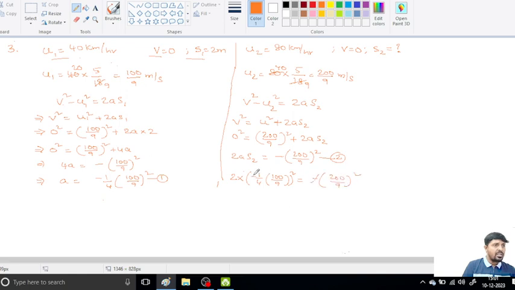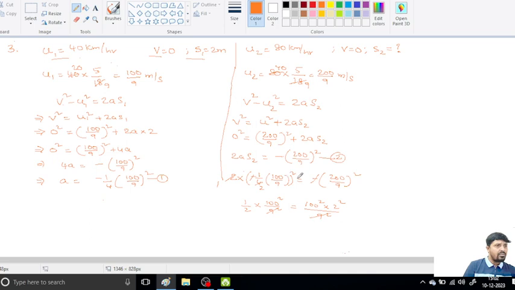Minus minus will be cancelled on both sides, and this is 2 times. So this is 1 by 2 times 100 square by 9 square equals 200, which can be written as 100 times 2. So this is 100 square into 2 square by 9 square. 9 square, 9 square will be cancelled.